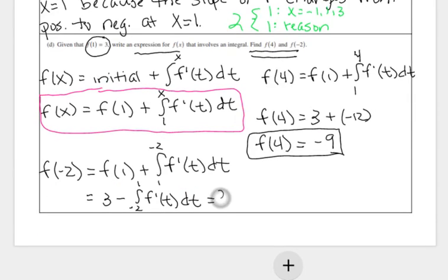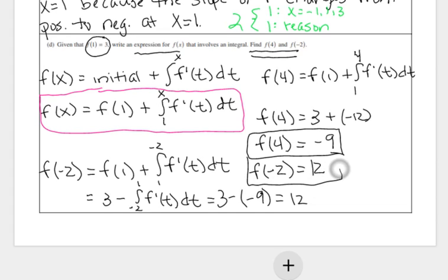So this is going to be 3 minus negative 9. So we actually get 12. That means that f of negative 2 is equal to positive 12. Sorry, I know I messed up a few times with that 3 and stuff going on there. That's my bad, but we got the right answers on there now, so we're good.